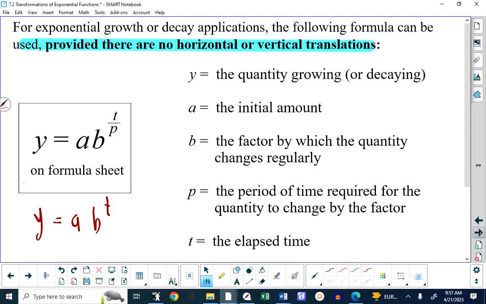So the population was changing by 5% every year. The radioactive decay was changing by a half every 1 half-life. So this exponent was always how many applications of change there were, how many times it was divided by 2, how many times it was raised by 5%.